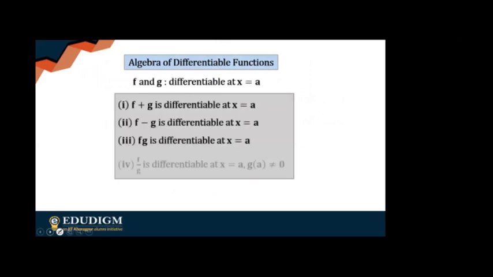Again, very, very simple. Something that you already know, something that we have already discussed. Just like continuity, we have taken the differentiability, the algebra of differentiability. So as you know, if f and g are differentiable functions at a particular point, then their sum, their difference, their product, their quotient, and also the scalar multiple, etc., all these things will be differentiable at the point.